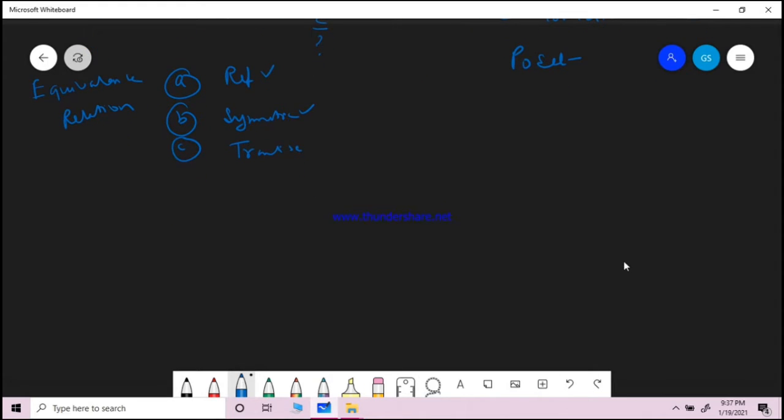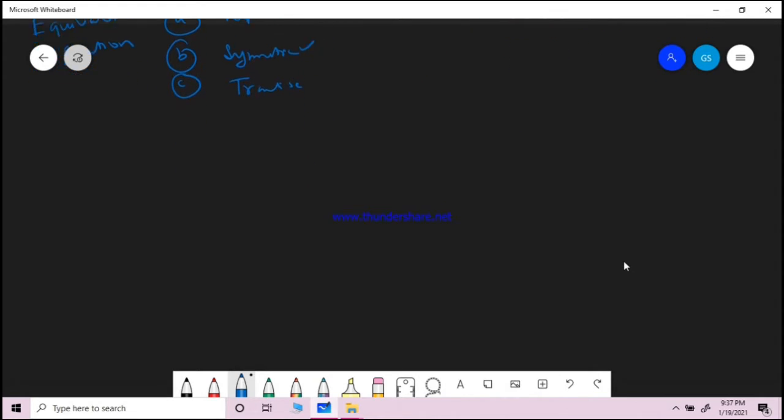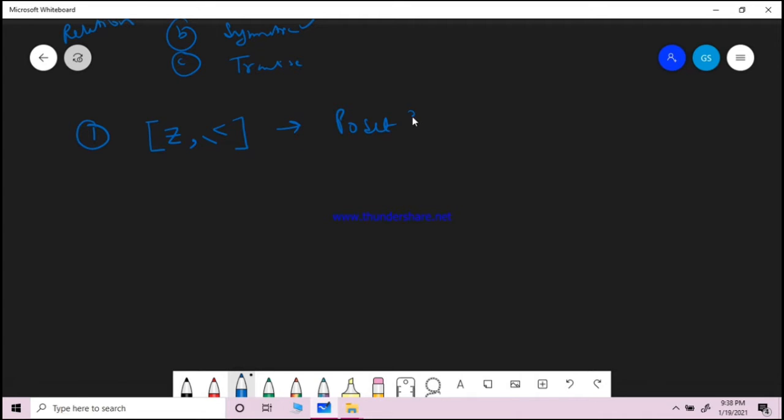Let's move on to the next part. Let's see how to identify if a given relation is a poset or not. Suppose I'm taking this example: this is the set of integers and your relation is the less than or equal to relation. Now just see if this is a poset or not.